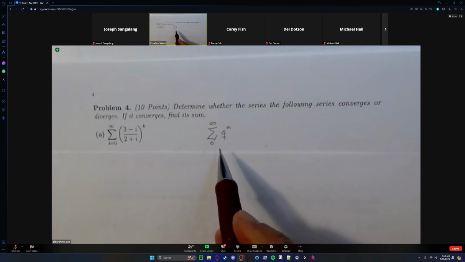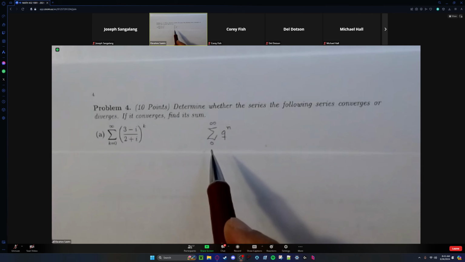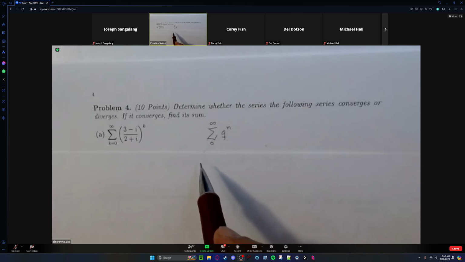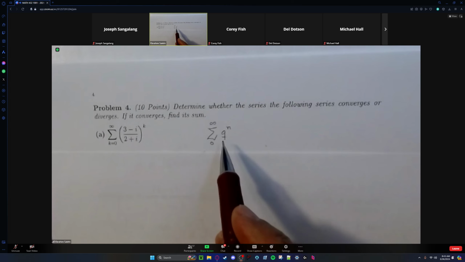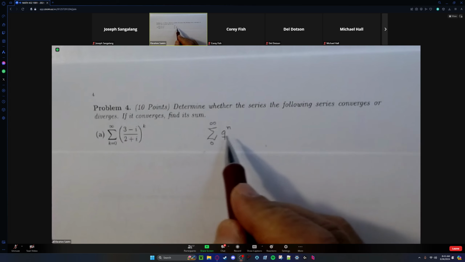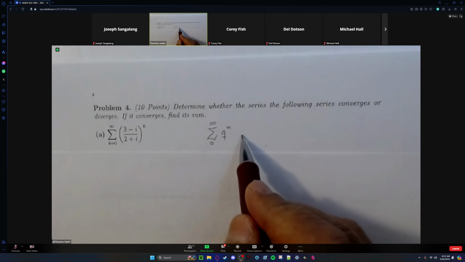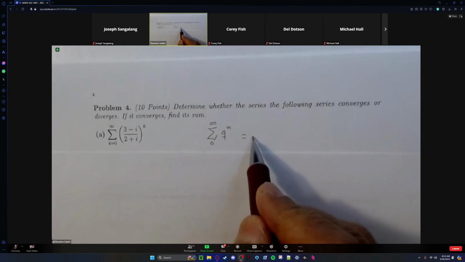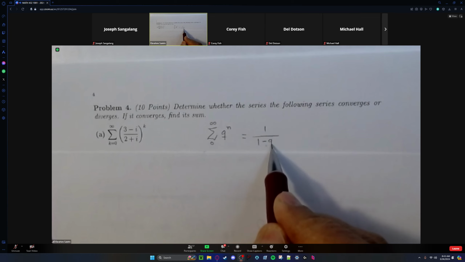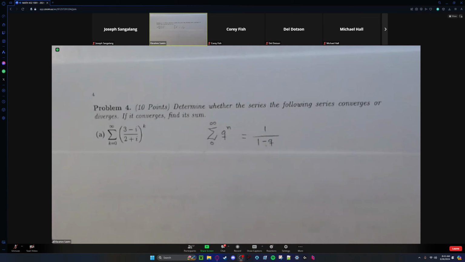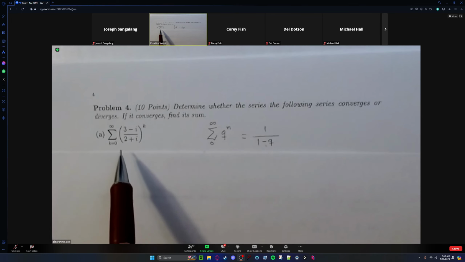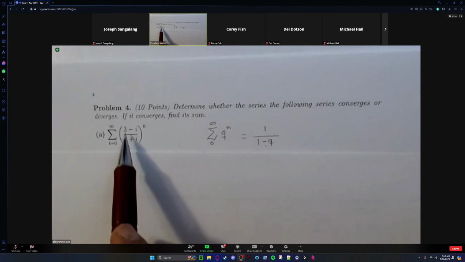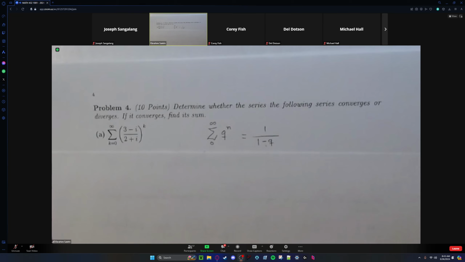It converges if and only if the absolute value of q, or modulus of q, is less than 1. Okay? And if it converges, if modulus of q is less than 1, it will converge to 1 over 1 minus q. Well, for this one, q is this fraction.